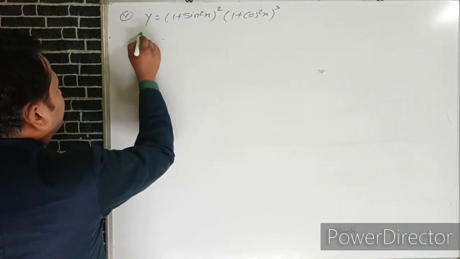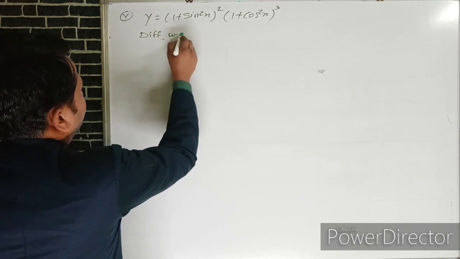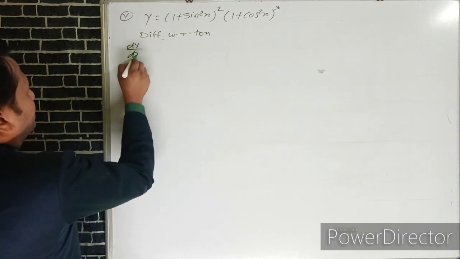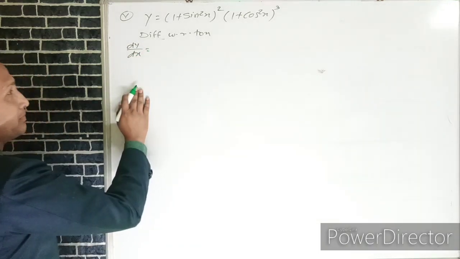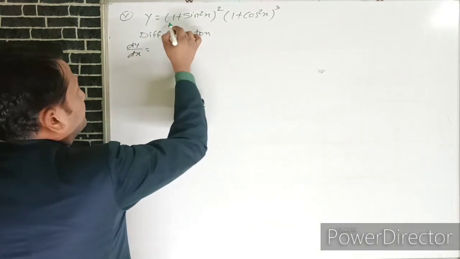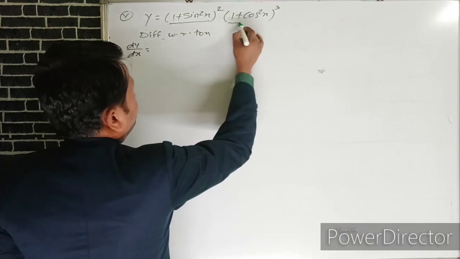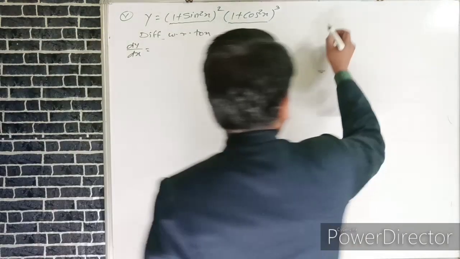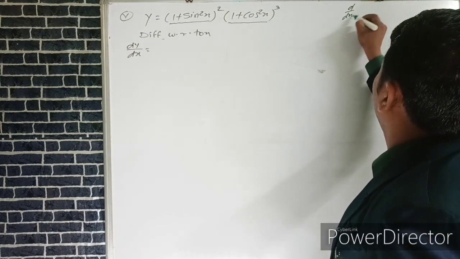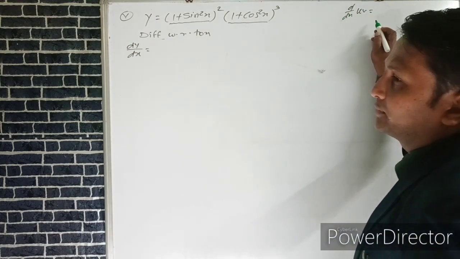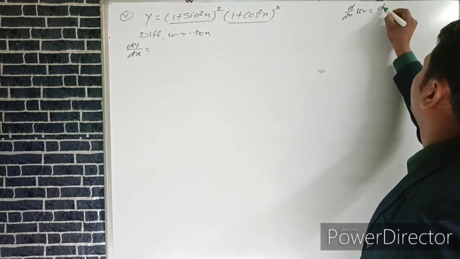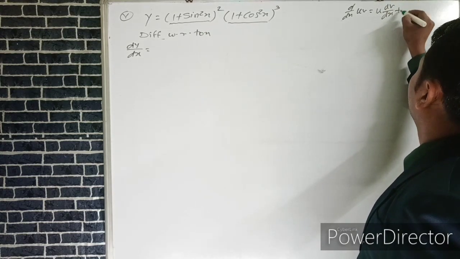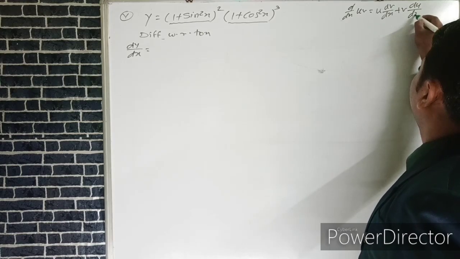If we differentiate the given function with respect to x, then we can write the derivative of y, dy by dx. Again, here both terms are in multiple form, then we can apply here the derivative of u into v. Derivative of u into v is u into dv by dx plus v into du by dx.